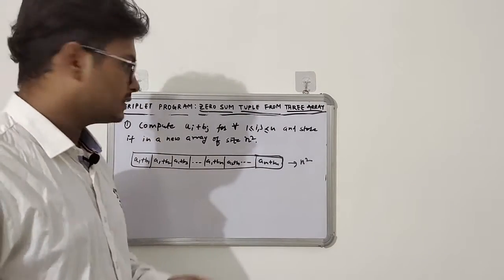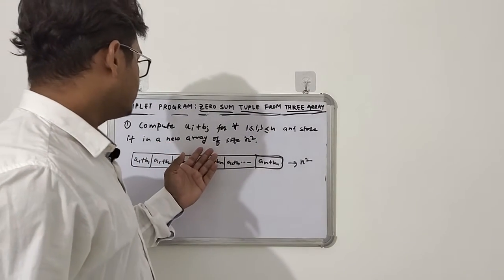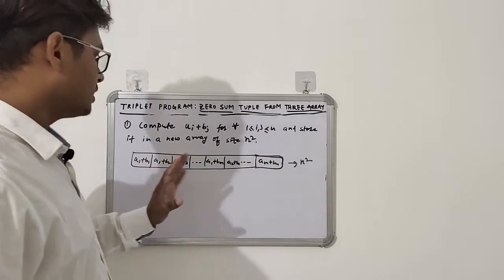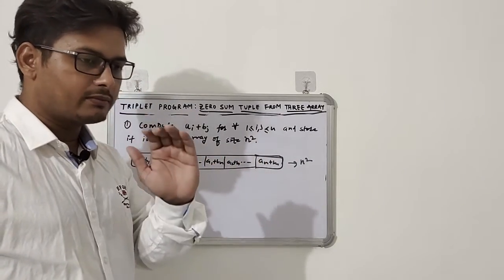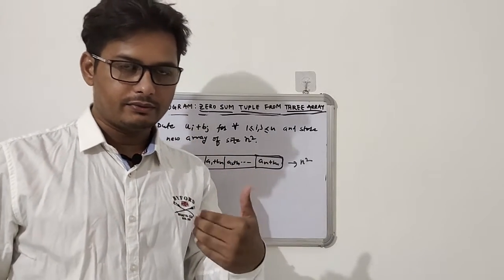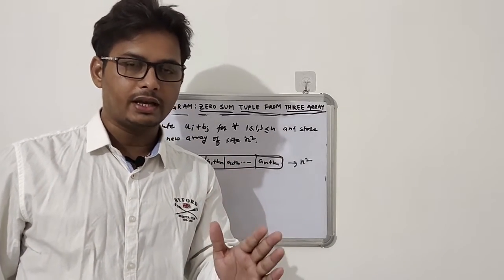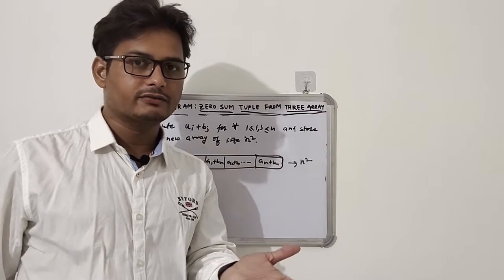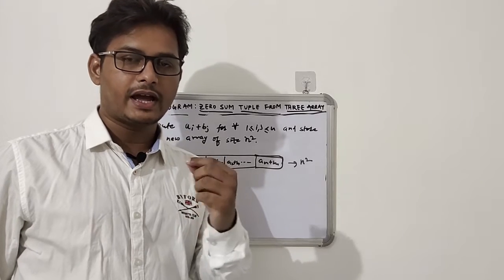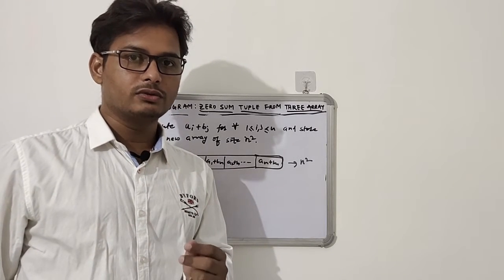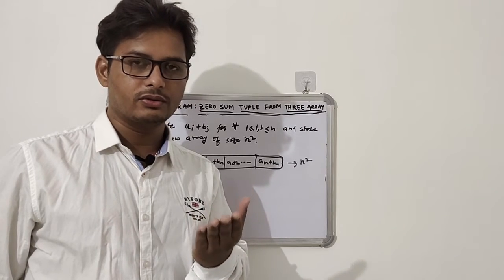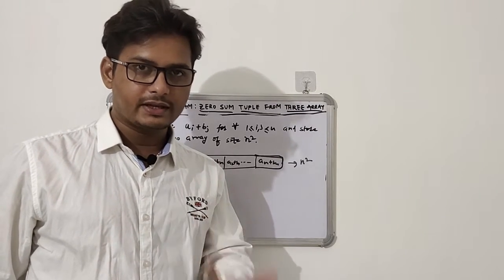What it is saying is that we will first compute all the possible sums of array A and array B, and we will store them in a new array of size n square, because if we compute the sum of all elements of array A and array B, the total number of elements will be n square. So we need an array of size n square.